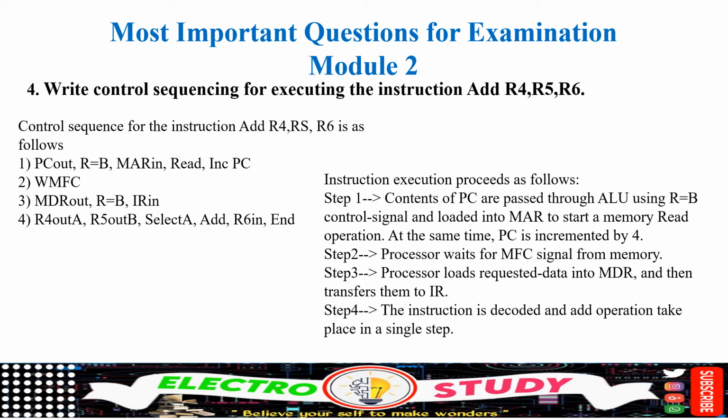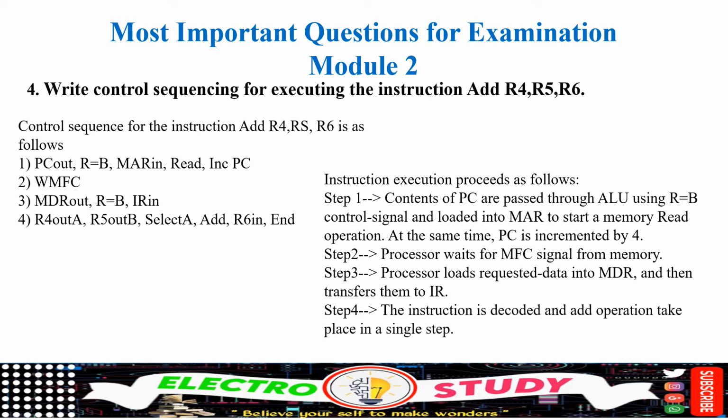After reading, you increment the PC, which points to the next instruction. Then you give MDR out and map it to the next register. Each of the add R4, R5, R6 values will be mapped to the different registers, and the process ends.